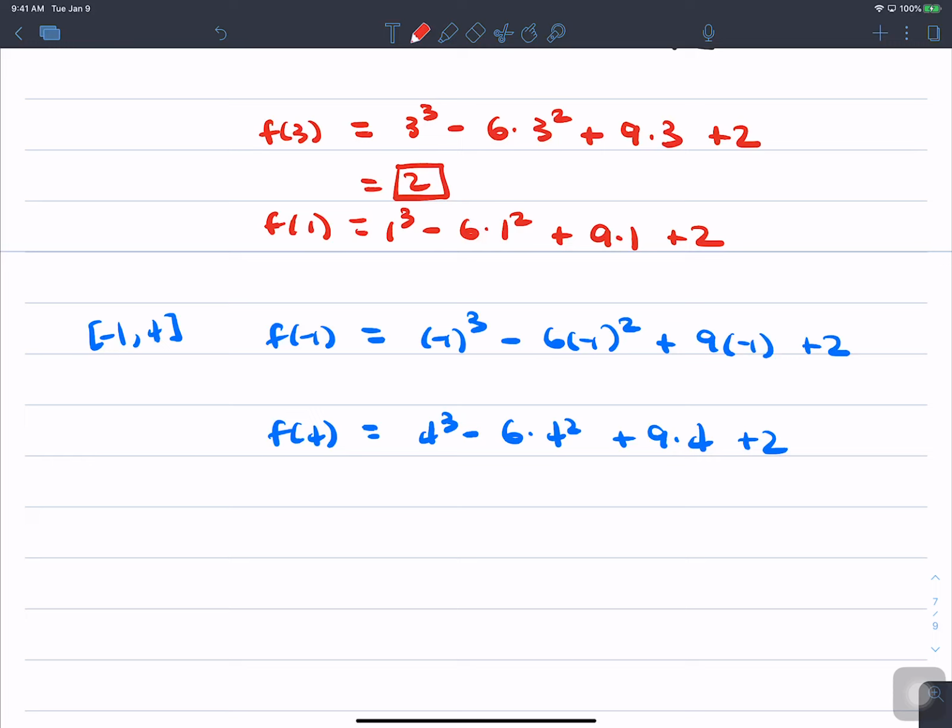So I have to look at all the values. Now let's try 1 cubed. So we have 1 to the third power minus 6 times 1 squared plus 9 times 1 plus that 2. And you get a 6.